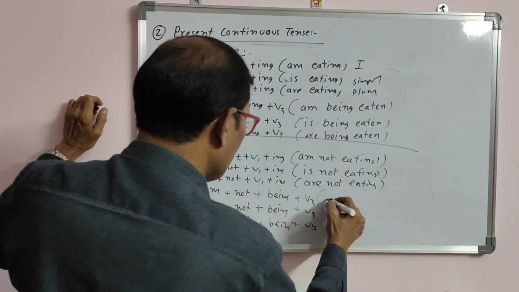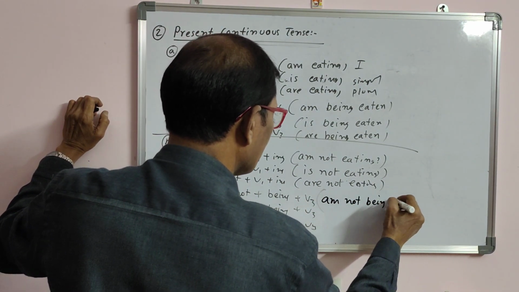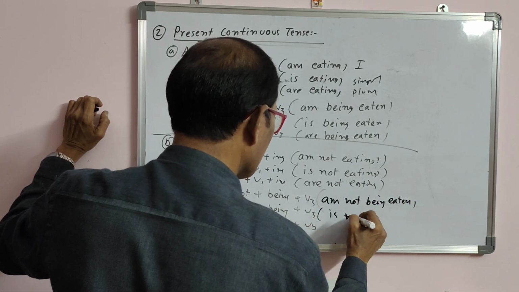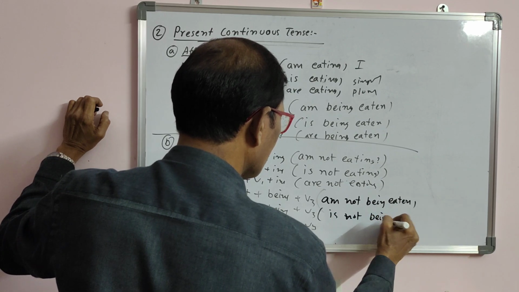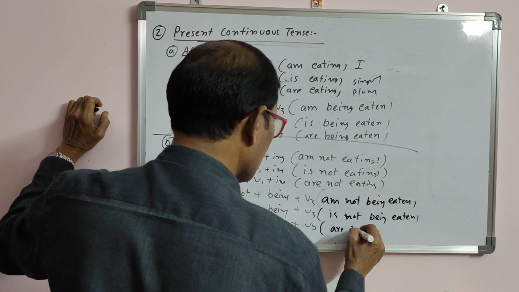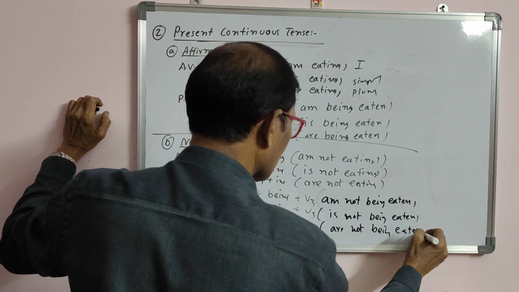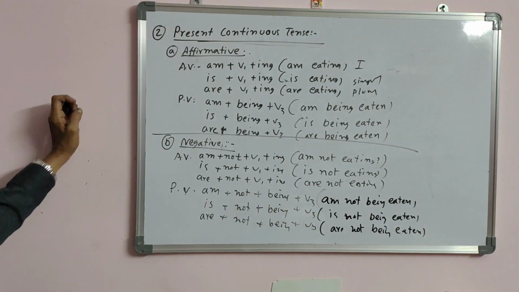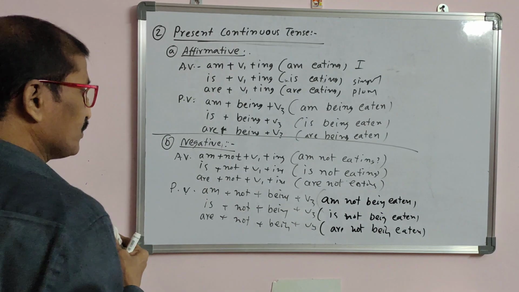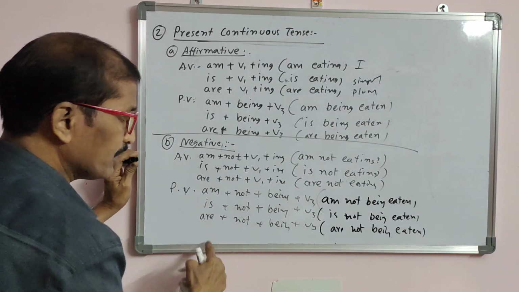Okay, am not being eaten, is not being eaten, are not being eaten. Okay, and when it comes to interrogatives, I try to remove this one. I think you have understood it.